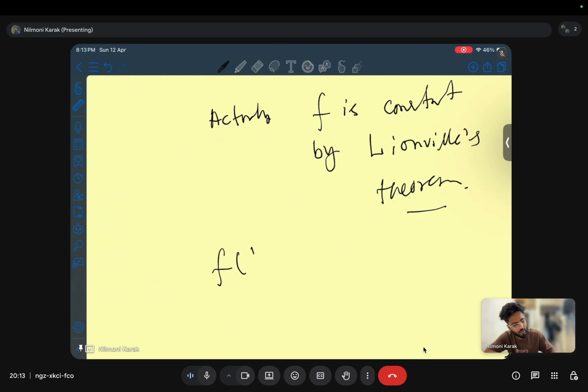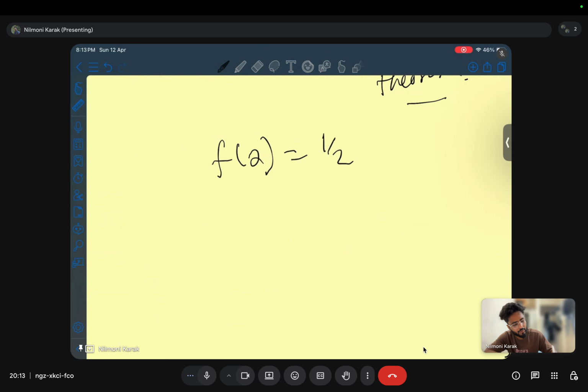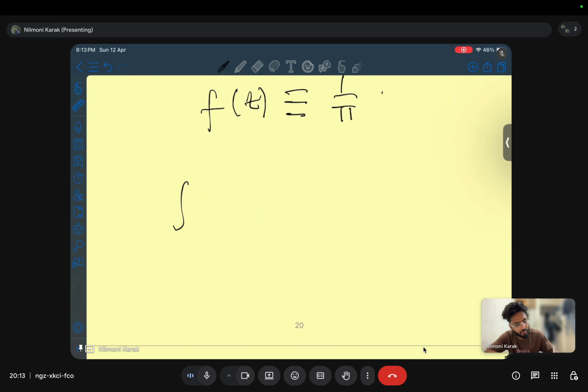So f of z is 1 by pi, double integration, not double integration.